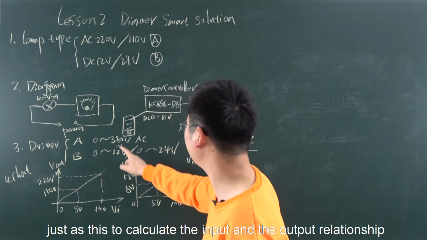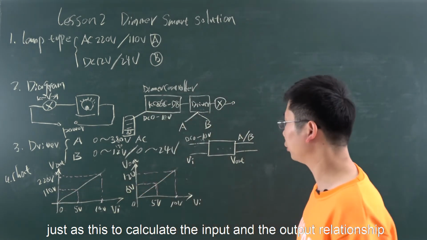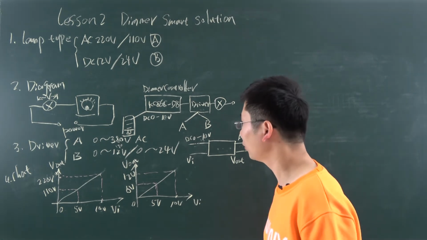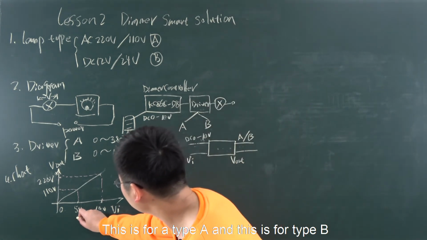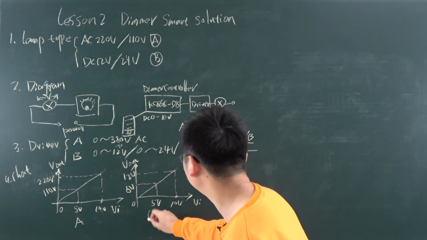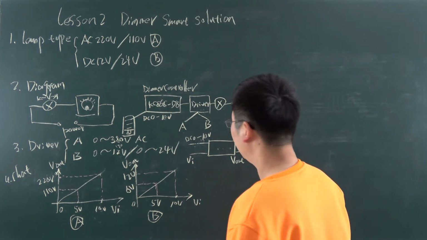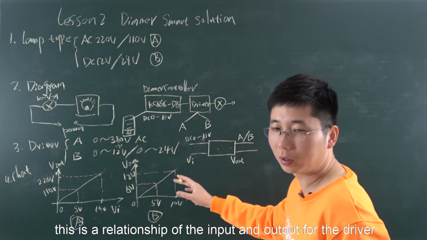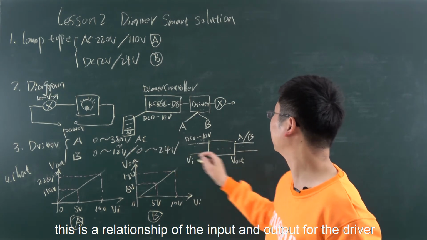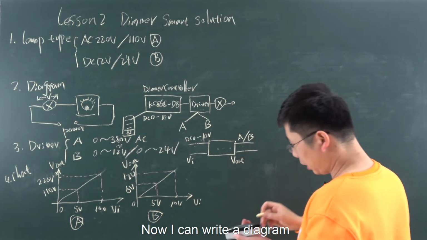So just calculate the input and output relationship this way. This is for type A, and this is for type B. Okay, this is the relationship of input and output for the driver. Now I can draw a diagram.